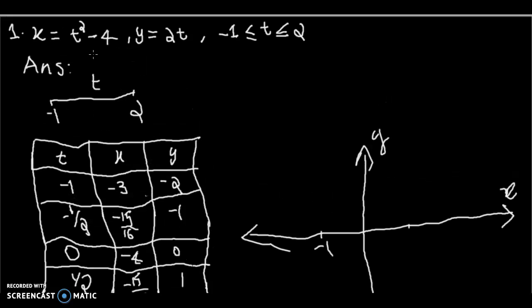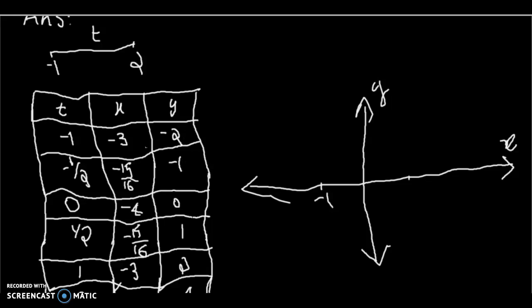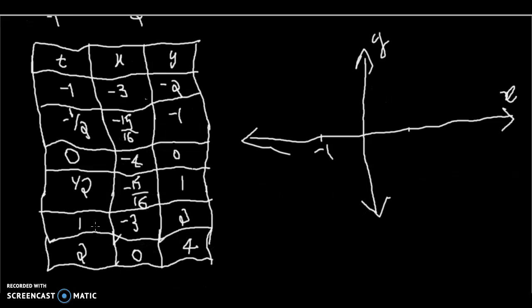When t equals 0, x is minus 4 and y is 0. For t equal to 1 by 2, x is minus 15 by 4 and y is 1. For t equal to 1, it is minus 3, 2. And at t equal to 2, the point is 0, 4.